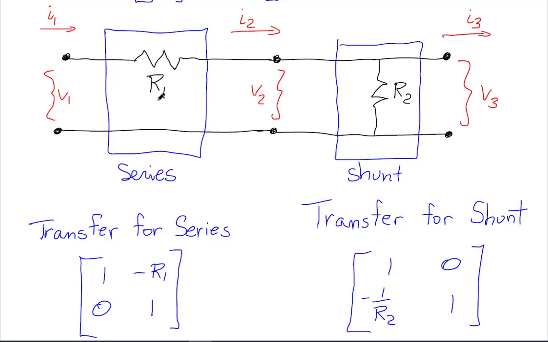If we have what's called a shunt or a resistor in parallel, for that situation, the transfer matrix for the shunt is 1's on the main diagonal, 0, and a negative 1 over the resistance for R2. So a little bit of background knowledge.